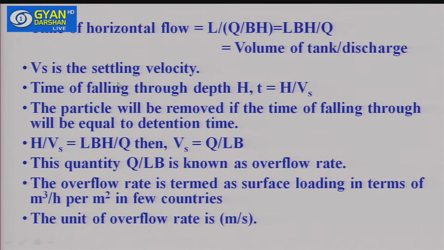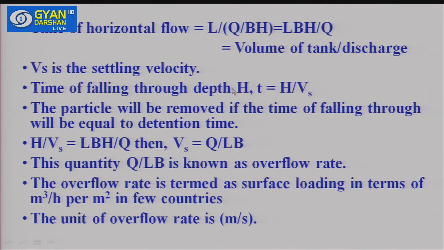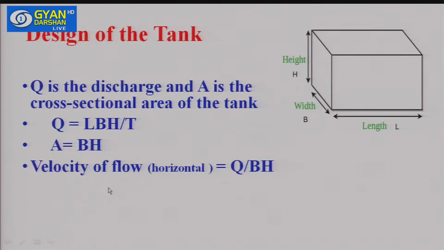Now the time of the horizontal flow means how much time it will take from entering this face to exit from this face. You can calculate that as length traveled divided by the velocity. Length traveled is the length of the tank, which is L, and the velocity we calculated here as V equal to Q by BH.